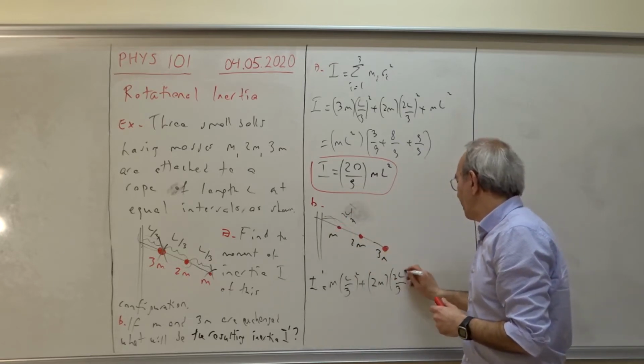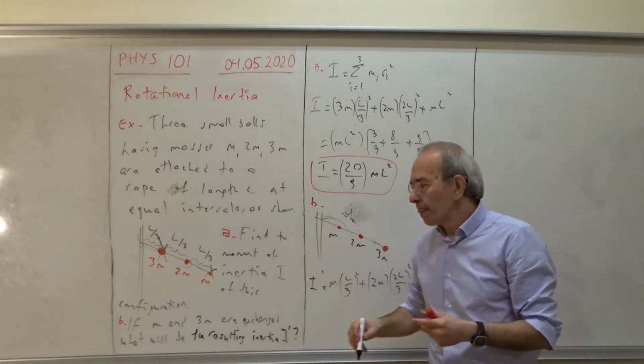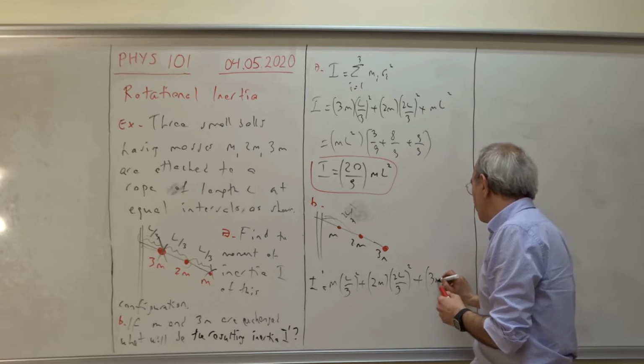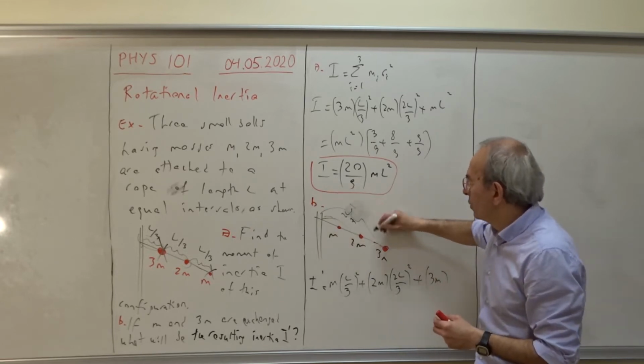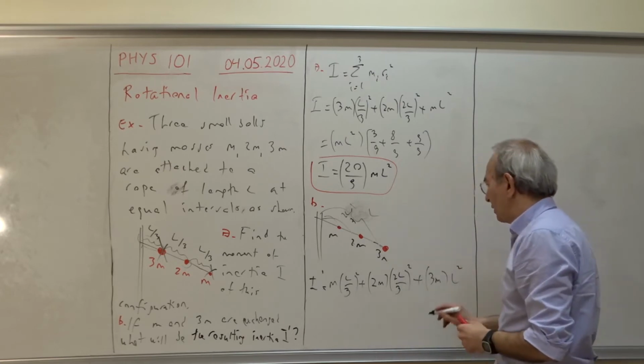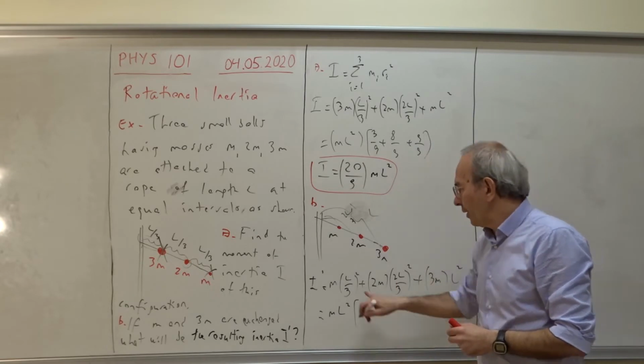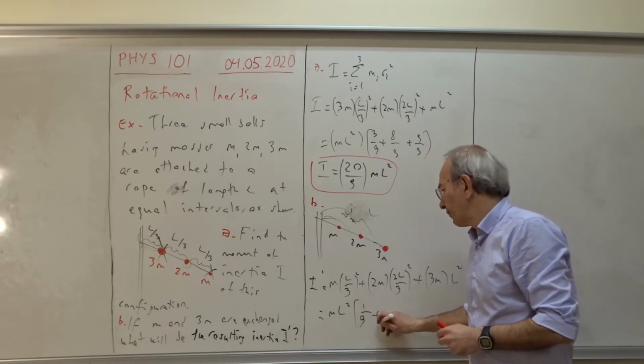But the last one, the heaviest mass, 3m, is at the distance of the total L from the axis. So it is L squared. Now we expect it again, m times L squared multiplied by 1 over 9 from the first.